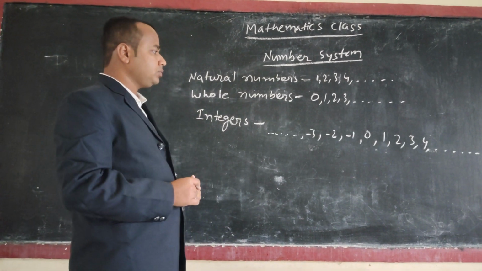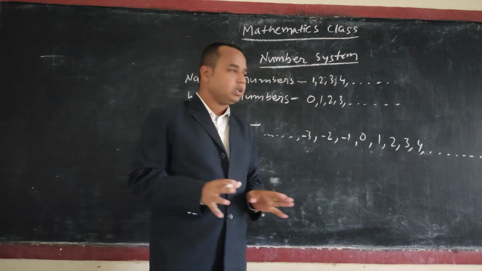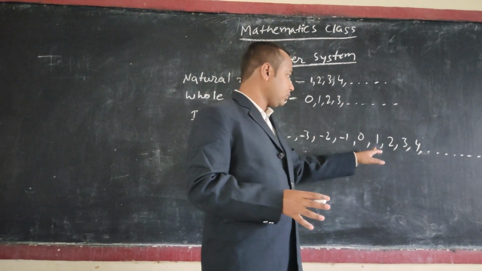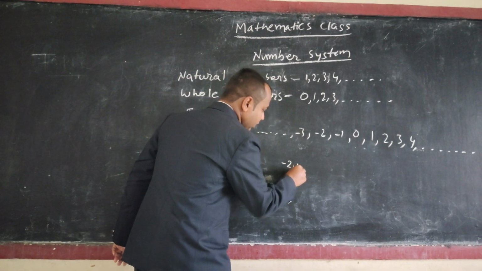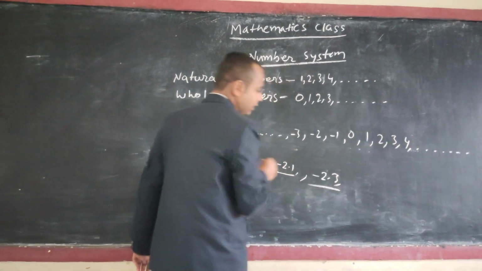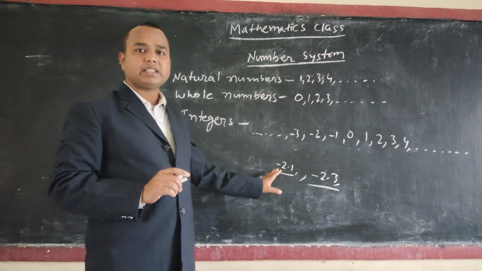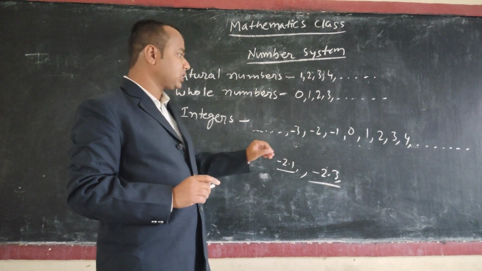But minus 2.1 is not an integer. Minus 2.3 is also not an integer. Not all decimals are integers. Only whole numbers are.